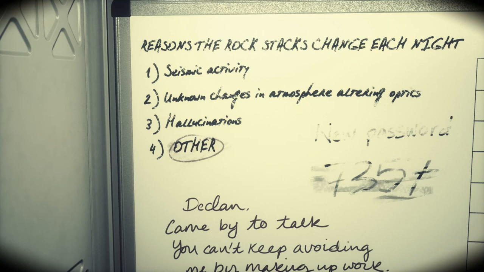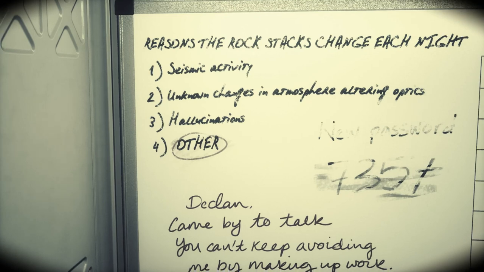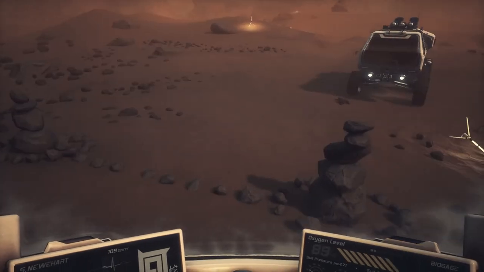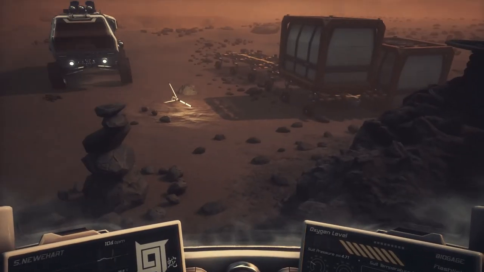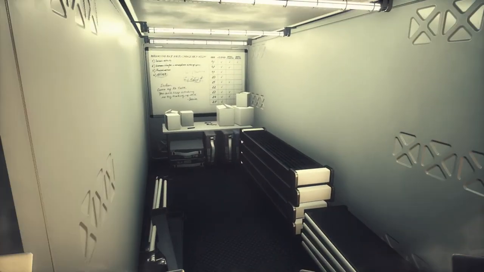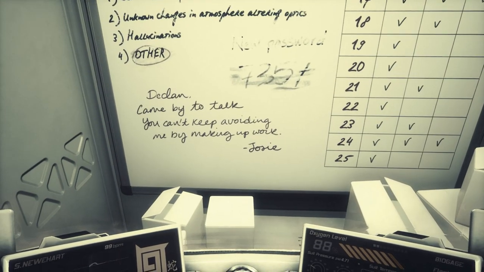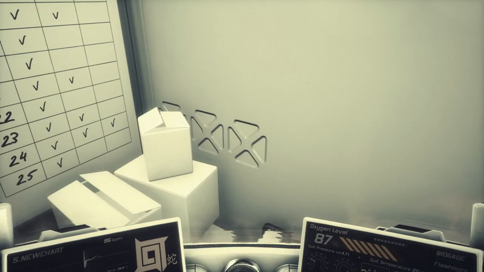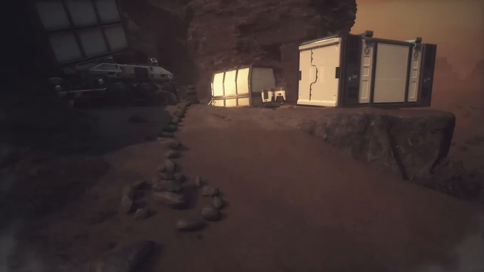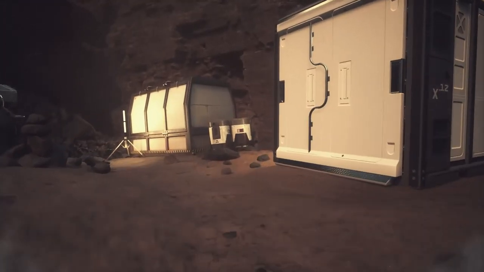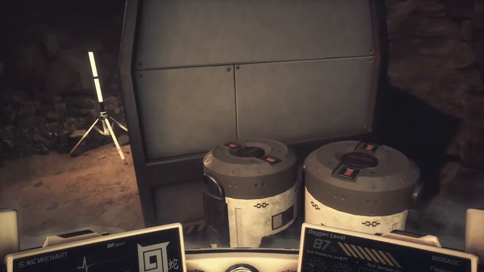Reasons the rock stacks change each night. So I guess they were building this and it was changing on its own, and they are wondering why. 7357. I don't know if I will remember that, to be honest, but I'll try.